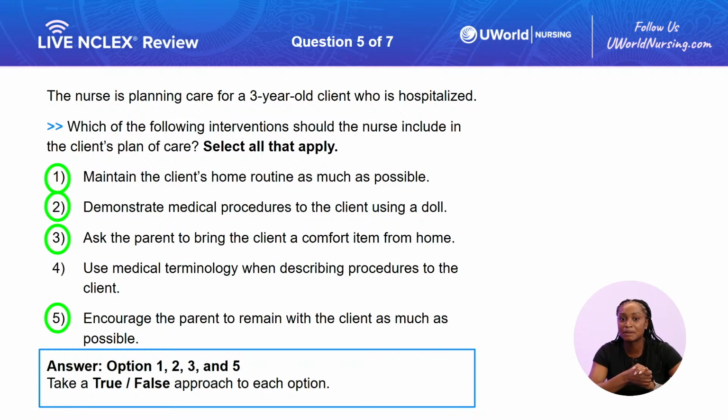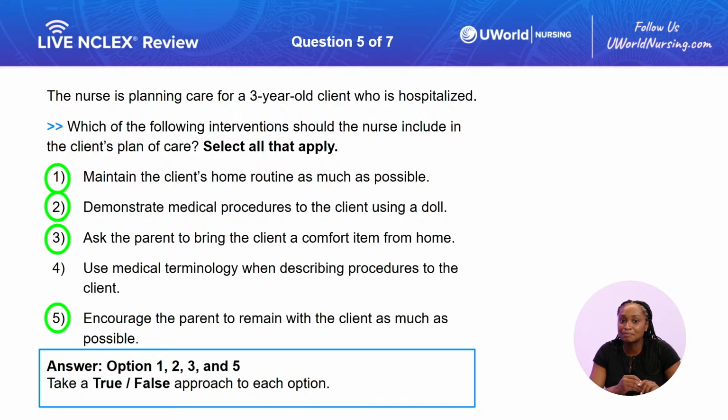Option 2, demonstrate medical procedures to the client using a doll. This will again help ease their anxiety and make them more comfortable with whatever is going on in the hospital. Showing them what exactly is happening, because they're more visual learners and they don't have that broad vocabulary, especially with medical terminology. So if you can show them what you're going to do, it will help ease their anxiety and not have that fear.